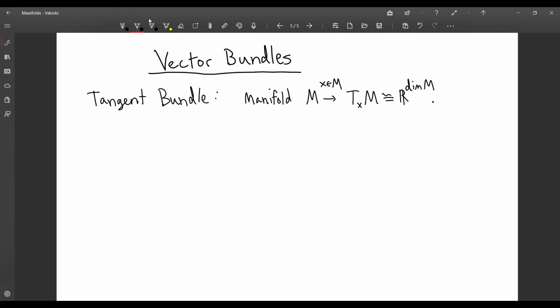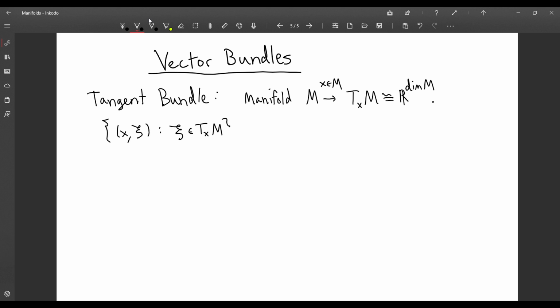And so what we consider is all the pairs. We consider the set of pairs x and psi, where psi is an element of the tangent space to M at the point x.